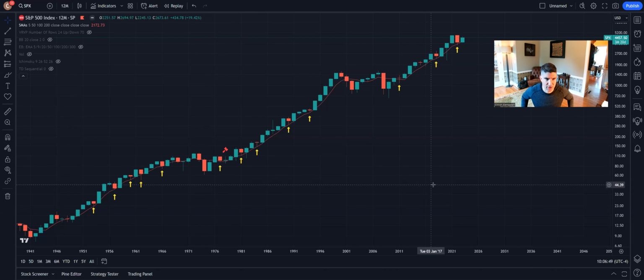And so we're going to start here with a fun little exercise that takes a look at the S&P 500 on a yearly basis. These are yearly candles, okay? And I also have the 5-year simple moving average in red.